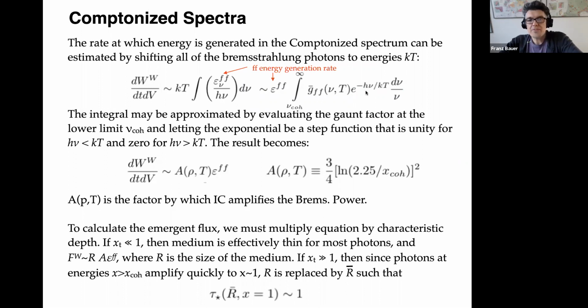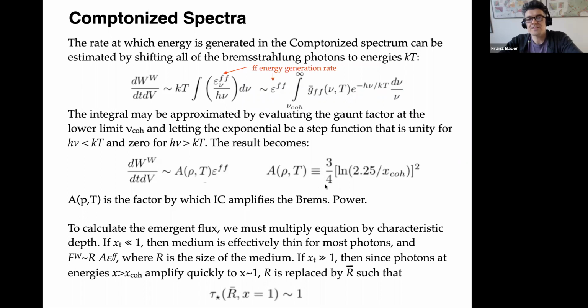We can approximate this if we evaluate the Gaunt factor at this lower limit, the coherent frequency, and we let the exponential here become a step function that is unity for frequencies less than KT and is 0 for frequencies greater than KT. In that case, this integral becomes something very simple, where you just have an amplification factor, which is based on the density and the temperature.